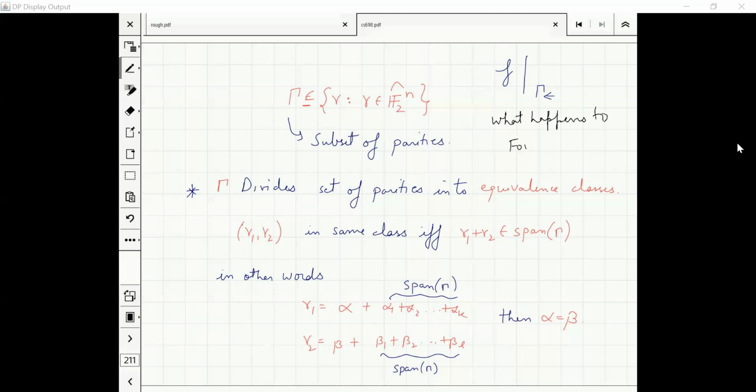Questions? Okay. So let me start. The important thing to realize is that if you pick any gamma, leave alone how you are assigning the values to gamma, a gamma divides all of the parities into equivalence classes.